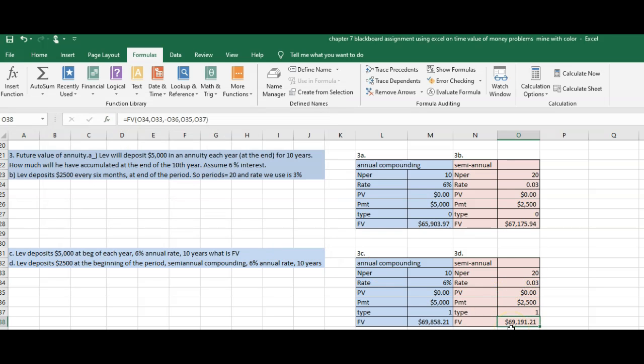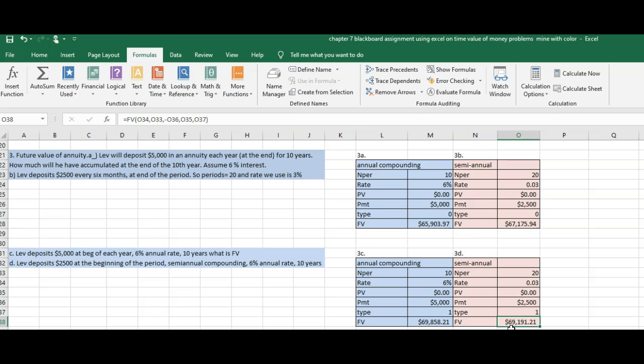So how does that change things? Well, it makes our number a little bit lower. And let's think about this. Instead of putting a whole $5,000 in on January 1st, let's say, he's only putting in $2,500. So that very first compounding period, he's earned less interest. Then he puts his next $2,500 in, again, less interest.